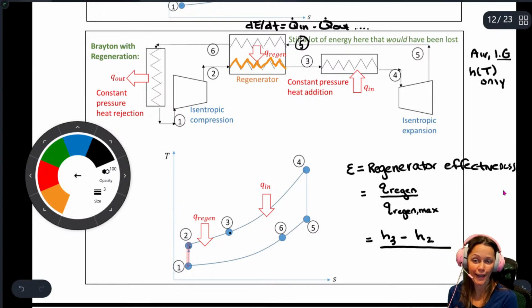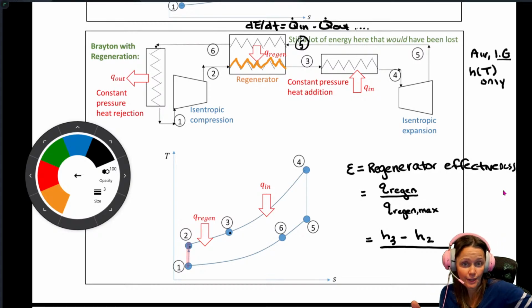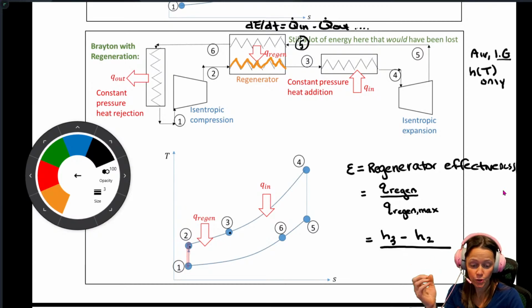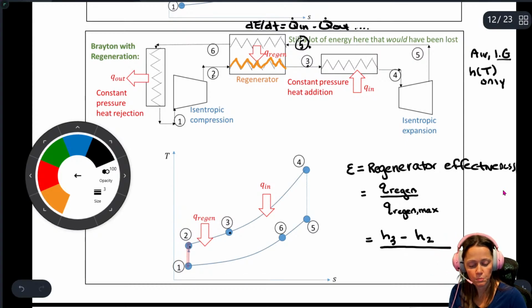If your temperature is 300 Kelvin, it doesn't matter what the pressure is, the enthalpy is the enthalpy at 300 Kelvin. So if the working fluid got all the way up to the same temperature as T5, those enthalpies would be the same.